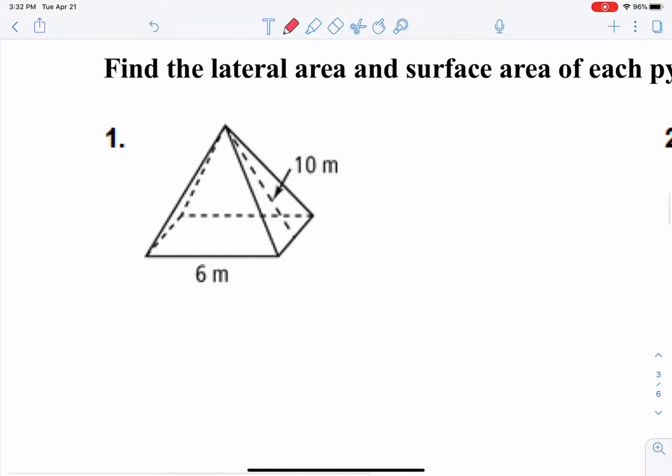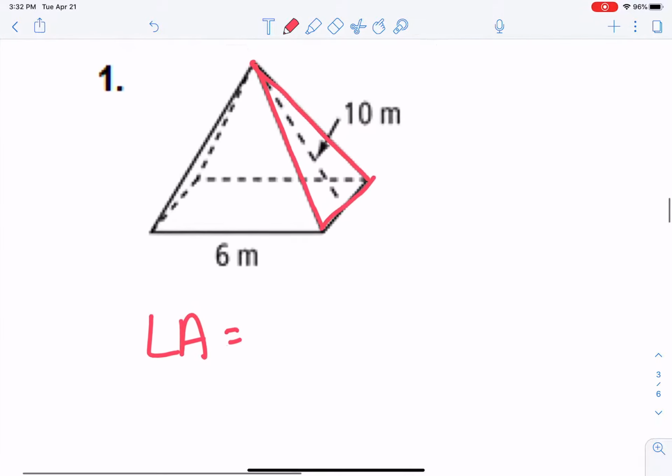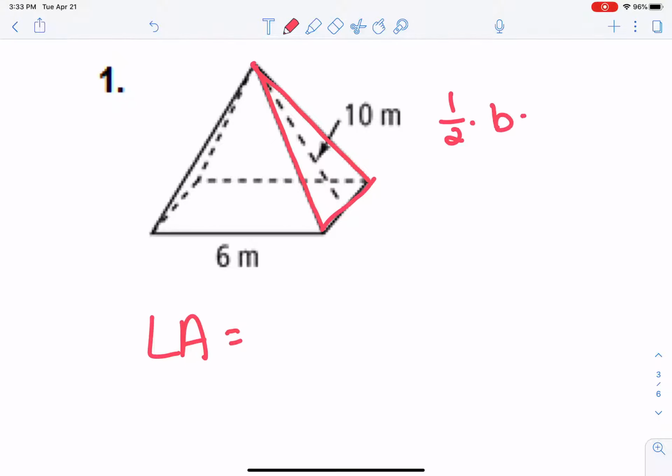So if I want to find the lateral area, I'm going to find all of these triangles and add them all up. Since it's a square, they're all the same. So I'm just going to take one of them and multiply by 4. But I would have 1/2 times base times height. That height is the slanted height in this case. So the base would be 6. And the height would be, they call it like a curvy L, slanted height, the L in slanted, times 10.